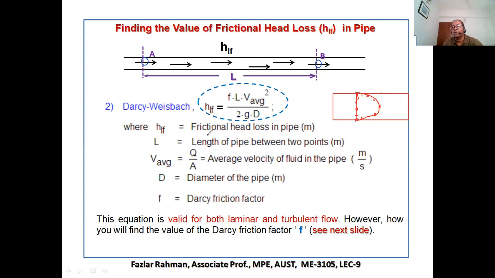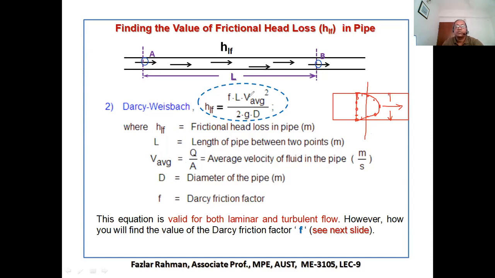At the middle it has higher velocity, at the center line of the pipe. If from the center line you move outward gradually, velocity decreases. So what we are figuring out with Q by A is not the actual velocity. That is giving you the average velocity. That's why we say V average equal to Q by A.